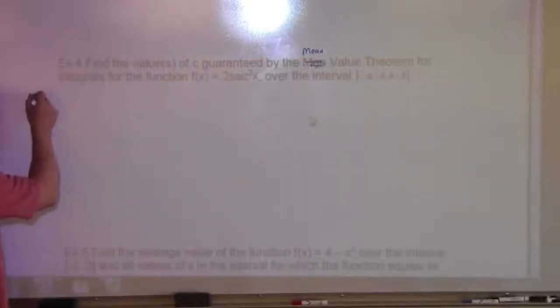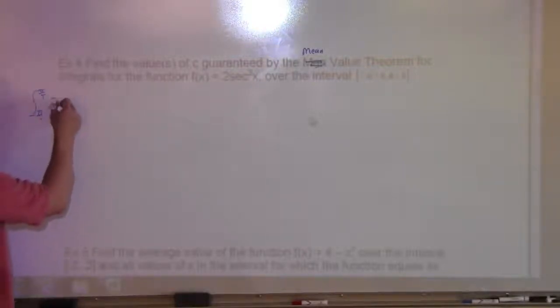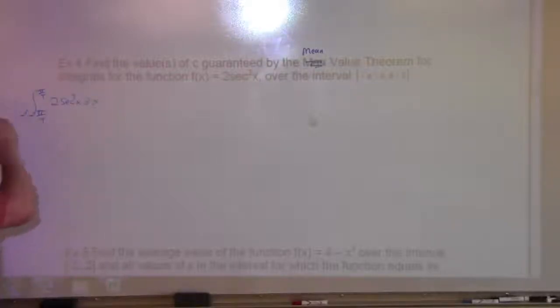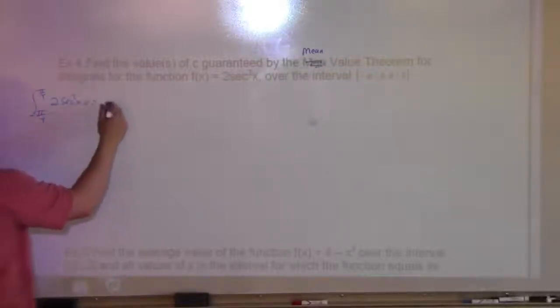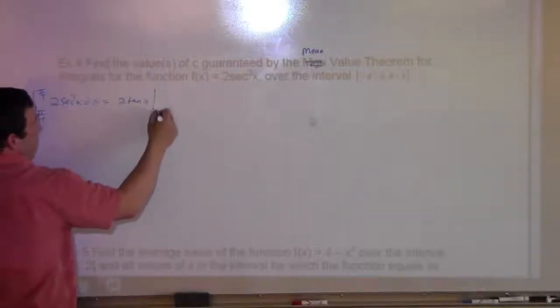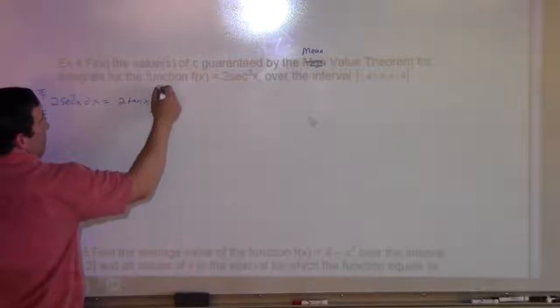So first we'll do the integral from negative pi over 4 to pi over 4 of 2 secant squared x dx. And the antiderivative of secant squared is going to be tangent, so it's going to be 2 tangent x from negative pi over 4 to pi over 4.